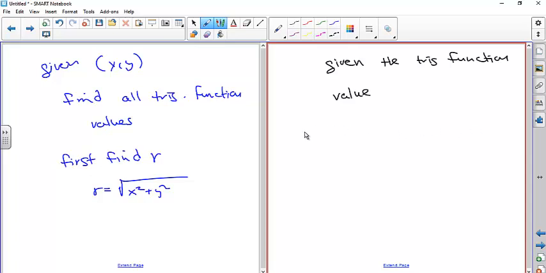So let's say you're given the tangent is 12/5. I'd have to give you the trig function value, tangent of theta, not tangent of 12/5, but the tangent of the angle. So the tangent of theta equals, say, 12/5.